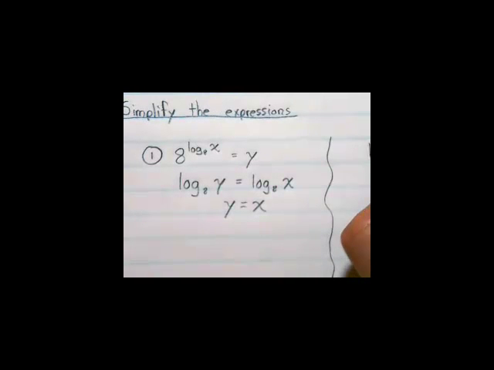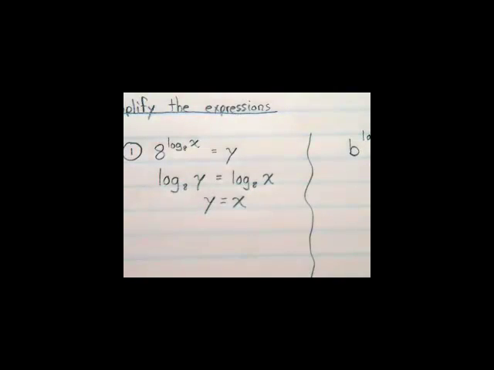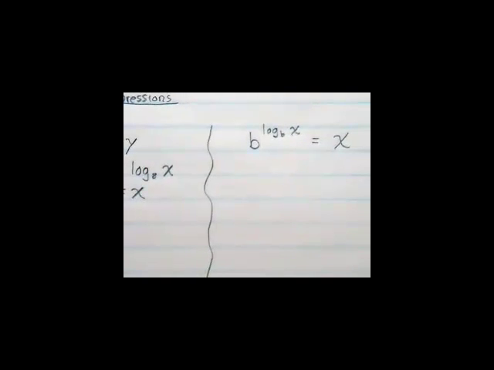So if you have b, in this case b was 8, but if you have b raised to the log base b of x, that always just comes out to x. So it's kind of like they're canceling each other out there.